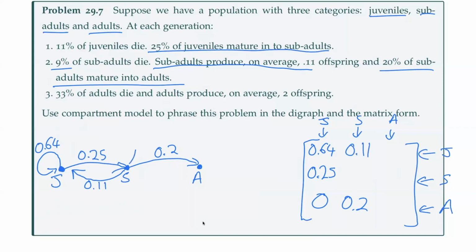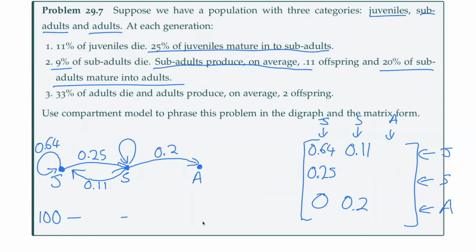And then we need to calculate those individuals who are staying in this category here. We have 9% dying. So we start off with 100%. We lose 20% through aging, and then we lose 9% through mortality. So we lose 29%. I should write these as percentages here.